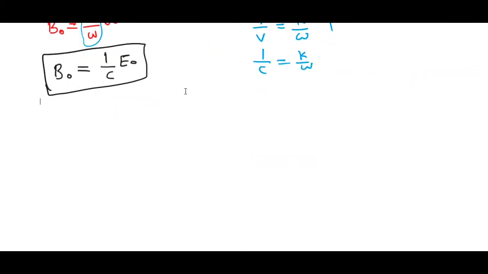Now, if you take the ratio of E0 by B0, it is nothing but c, which you have already learned is equal to 1 by root of μ0 ε0.